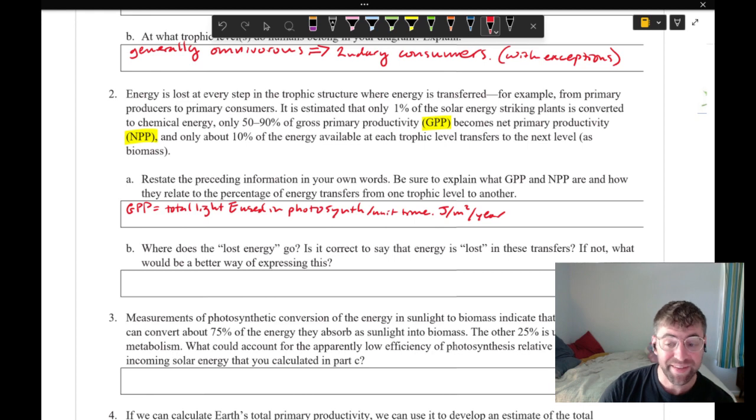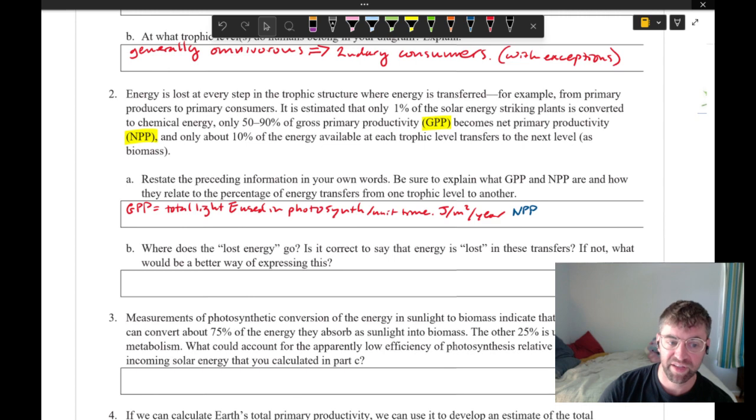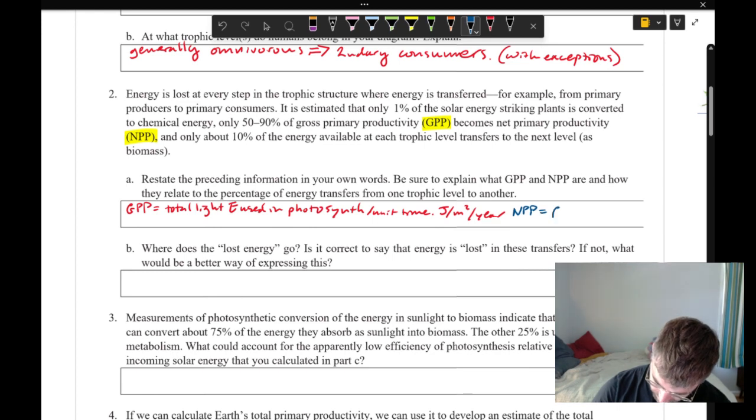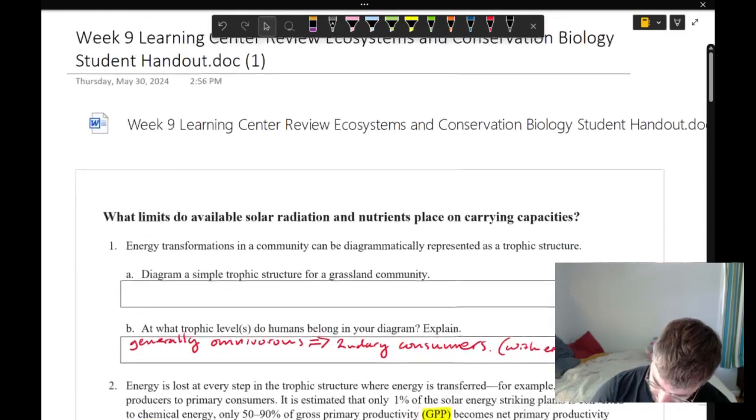Net primary productivity, NPP, equals GPP minus the energy the photosynthetic organisms use for their own cellular production, the energy of their own biomass production.